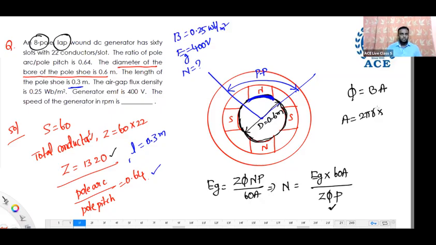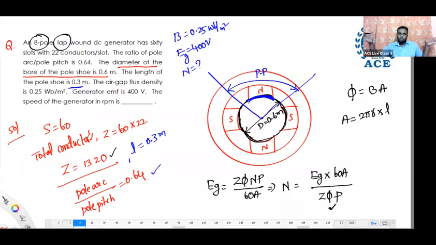2 pi r is the perimeter, or circumference, of the circle, where r is the radius of the bore of the pole shoe. Diameter is there, radius is half of that, 0.3. If you multiply with the length of the pole shoe, actually the length of the bore is nothing but the length of the pole shoe only.